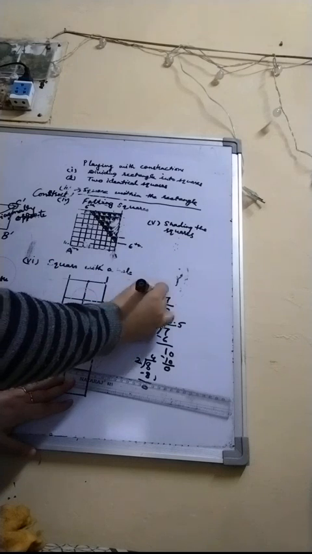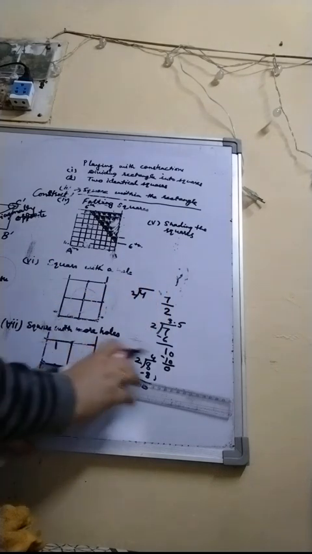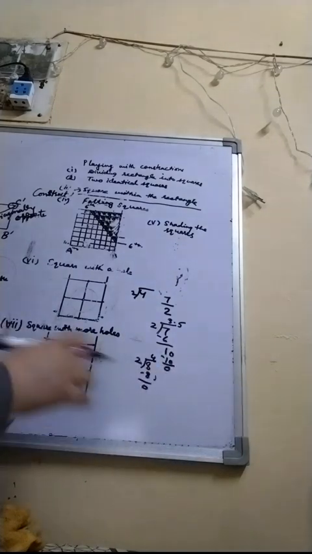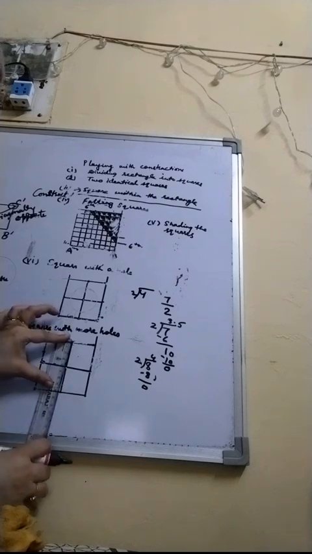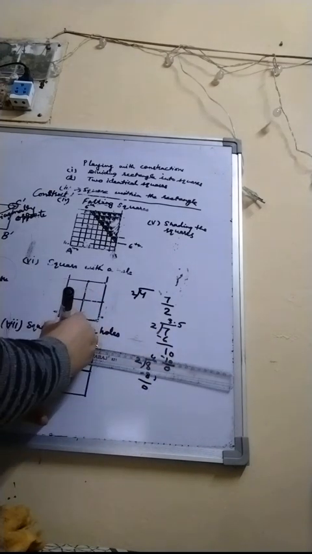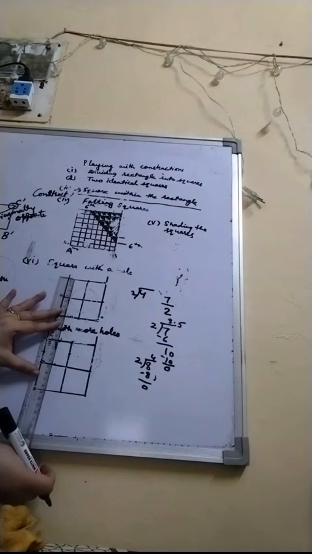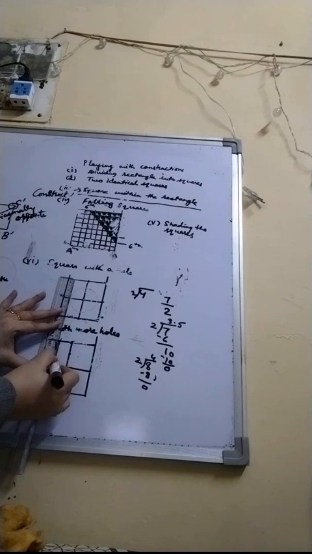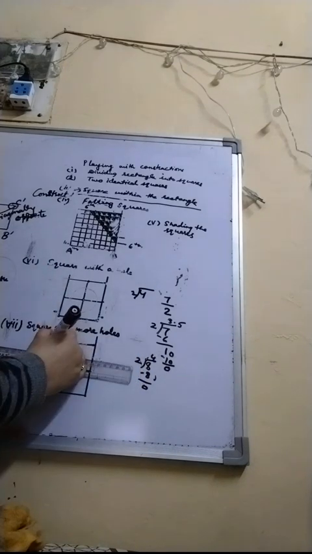Take half of 4, that is 2 centimeter here. Similarly, here 2 centimeter, here 2 centimeter, and here 2 centimeter. Join the points like this.